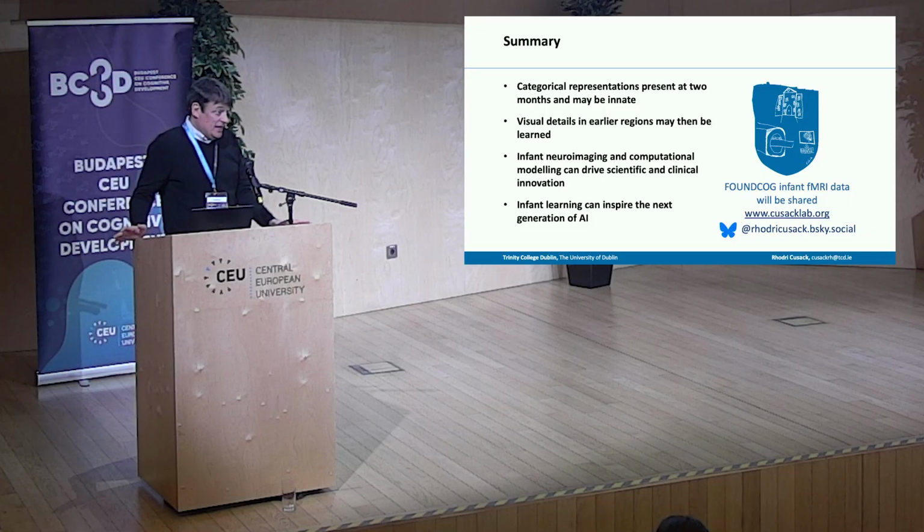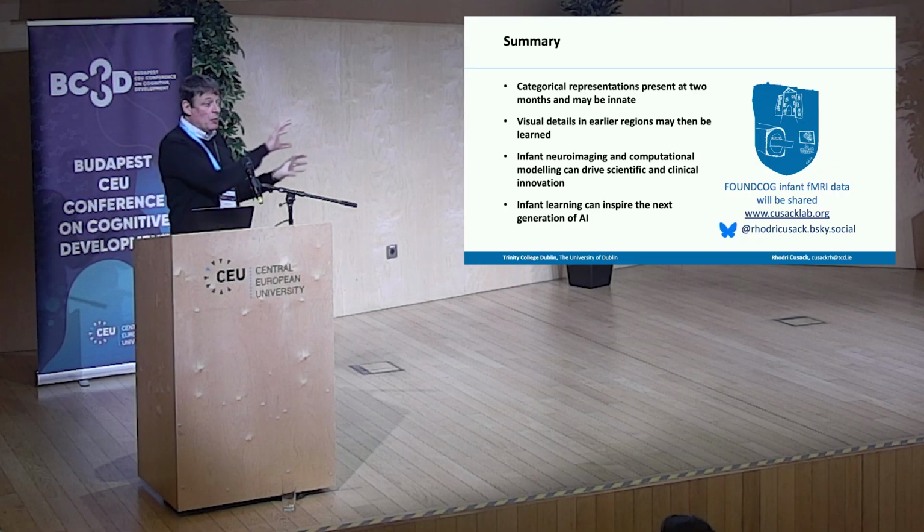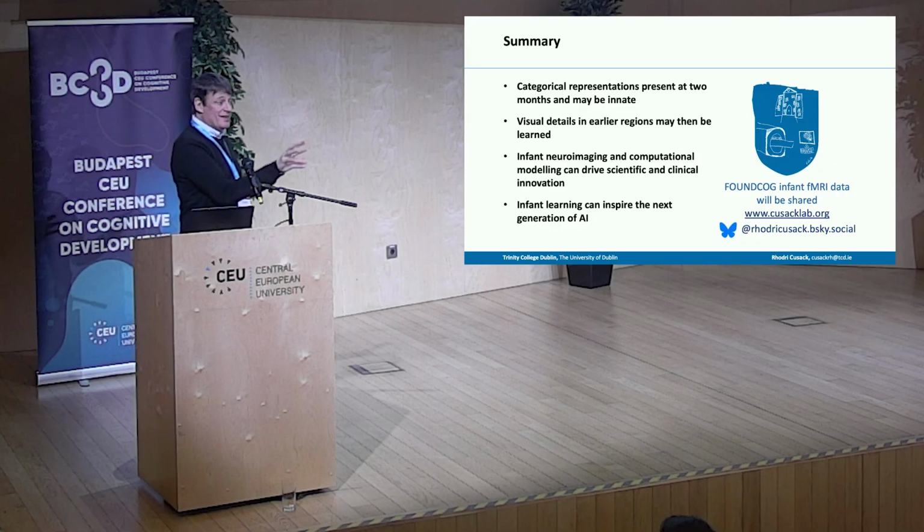My hunch, and the avenue that I'm interested in pursuing, is to think about this really as a sort of messy statistical thing. You've got these rich representations in the visual cortex, but they're probably quite crudely separated.